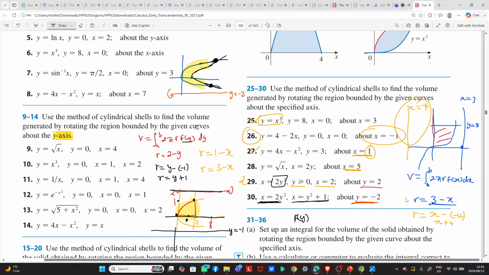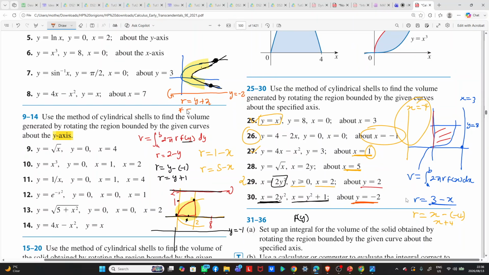Then what is going to be R? We are revolving around a horizontal line, so R is just going to be... no, it's shifted. So it's y minus minus 2, so it's y plus 2.